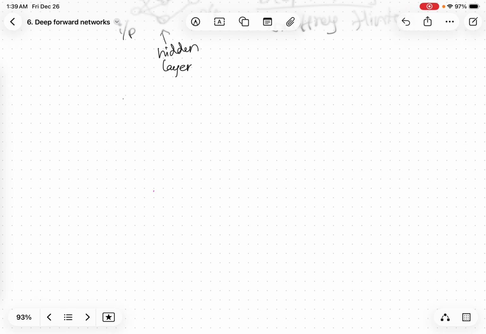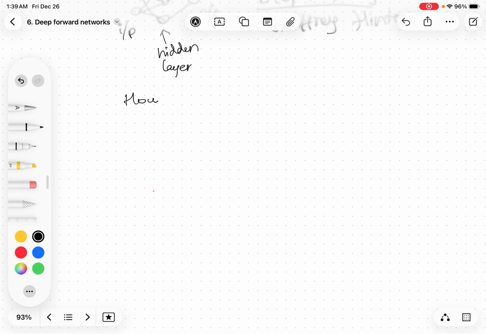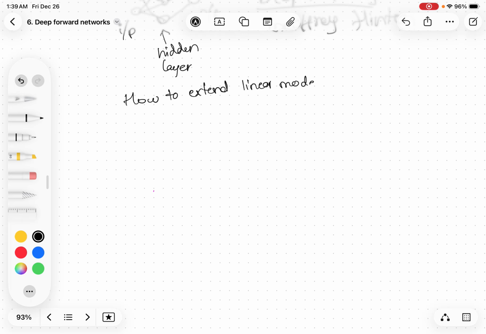radial basis functions. So how do we basically extend models to represent non-linear functions?